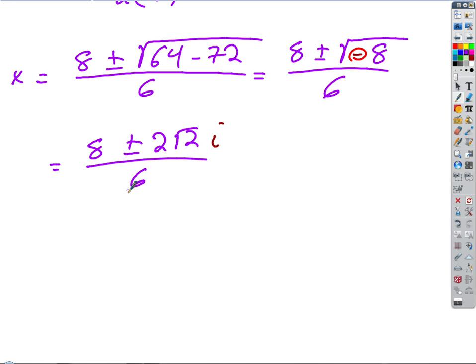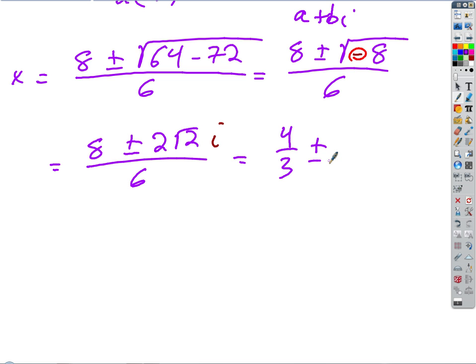Now our goal though is, we've got i's in our answer, so we're writing complex numbers. We want to write the complex numbers in standard form, right? So we want to write them in the form a plus bi, right? So if I split this into separate fractions, I just get 8 over 6, which reduces to 4/3, plus or minus, what about this part? 2 times the square root of 2 over 6.